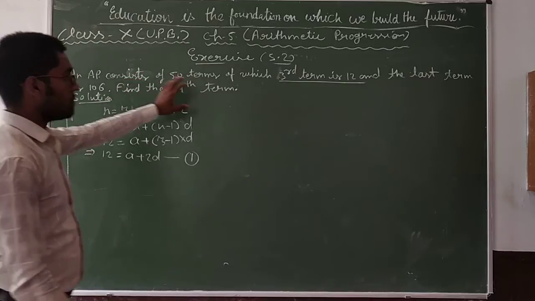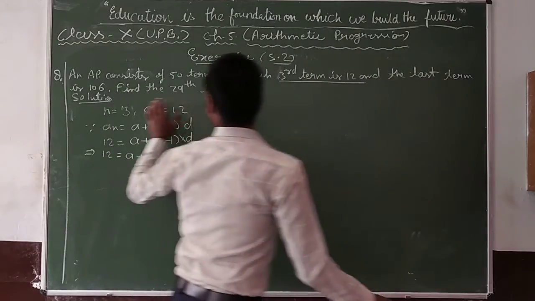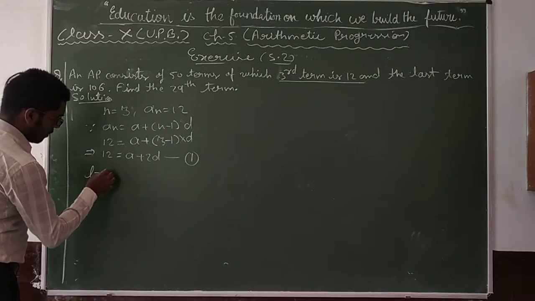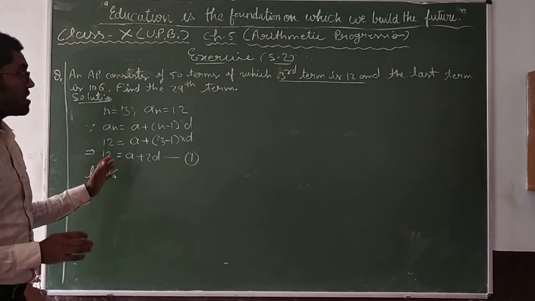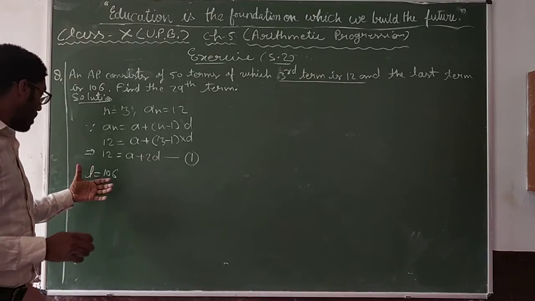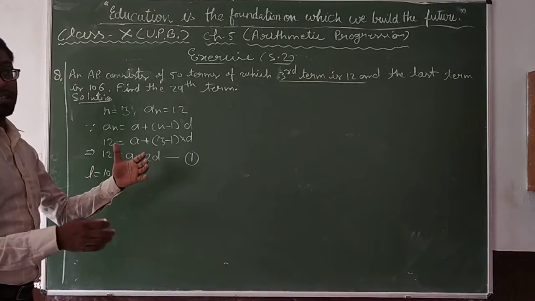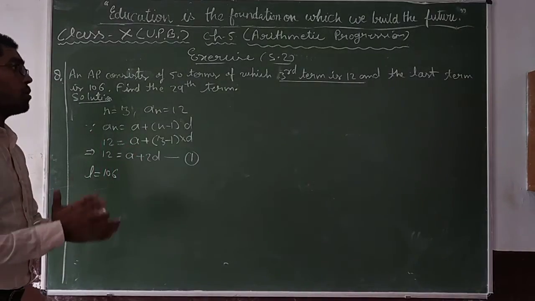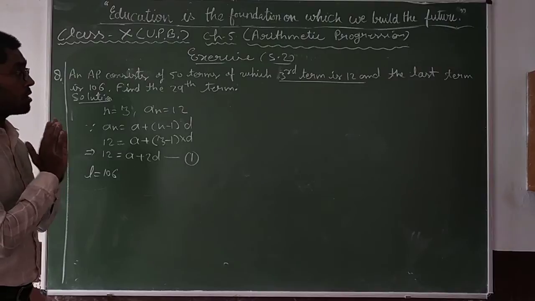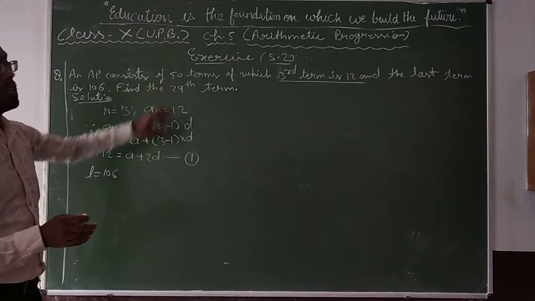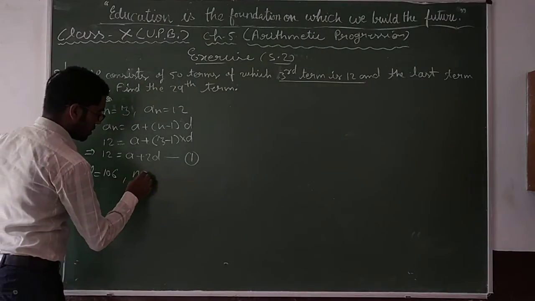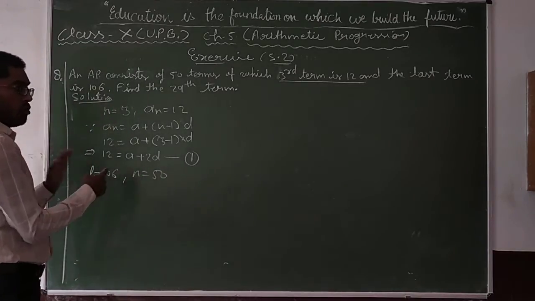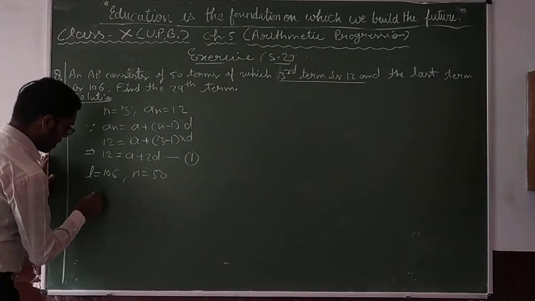Now the last term is 106. Here an is equal to 106, and in this series when you are calculating with the last term, you are talking about the total number of terms, and the total number of terms is 50, meaning n is equal to 50. With the help of this data you have to write another equation.